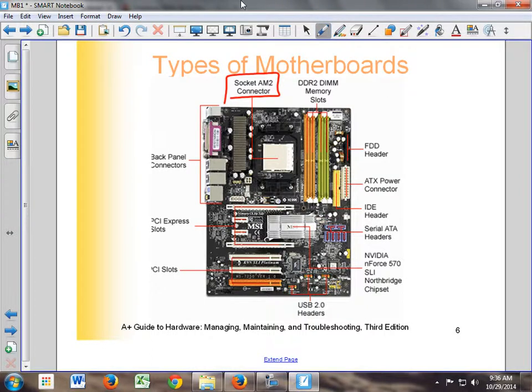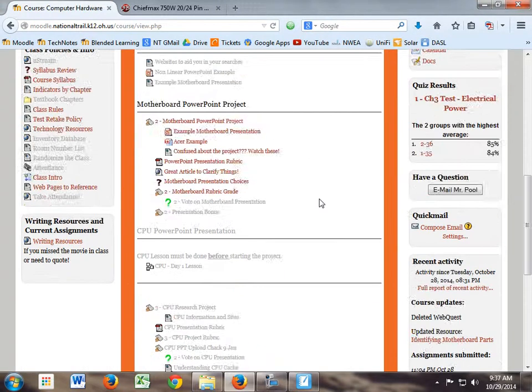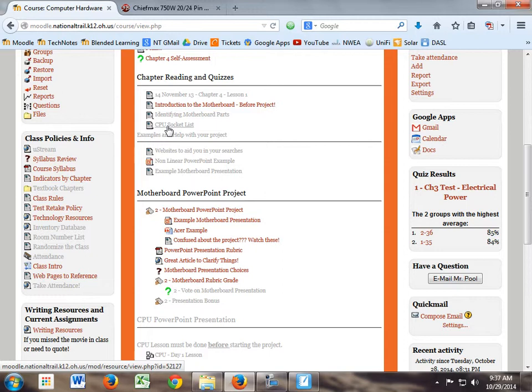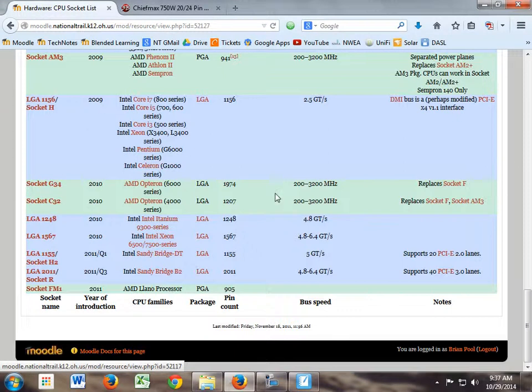If we look back here, I didn't even talk about AMD while we were there. Let's put it up here. So if I look at my AMD sockets, you can see the green ones are the AMD sockets. I've got FM1.